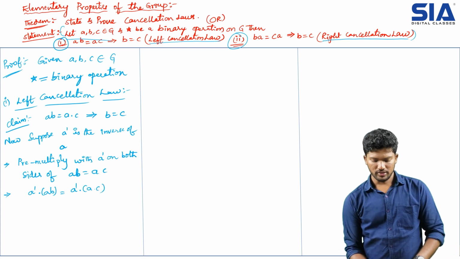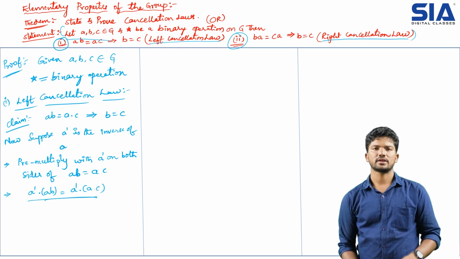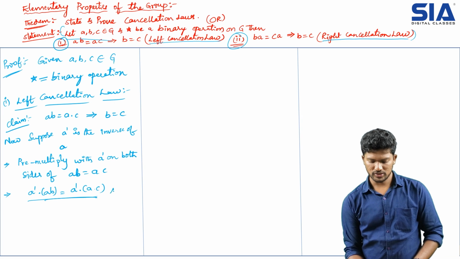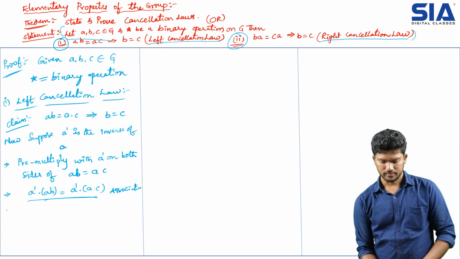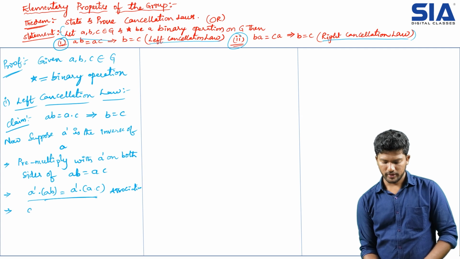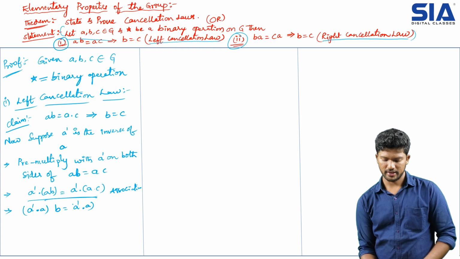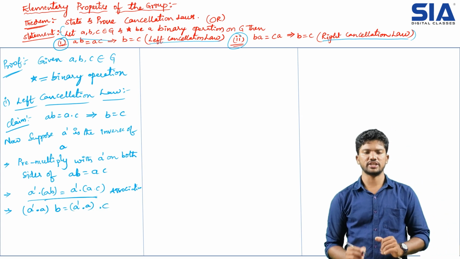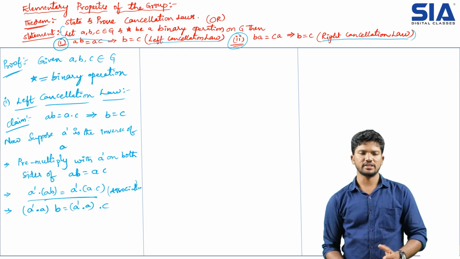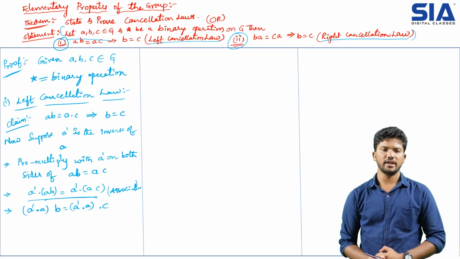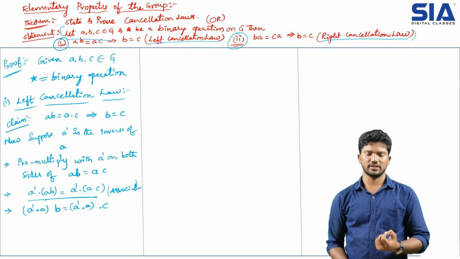This operation is associative. According to the associative property, we can write this equation as a dash into a, into b, is equal to a dash into a, into c.